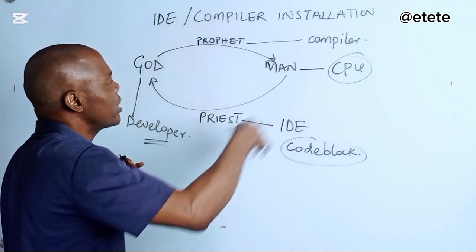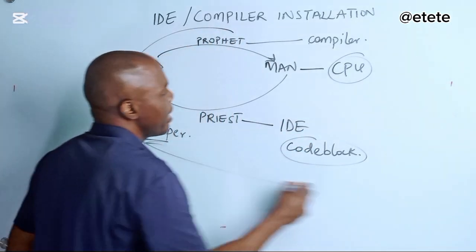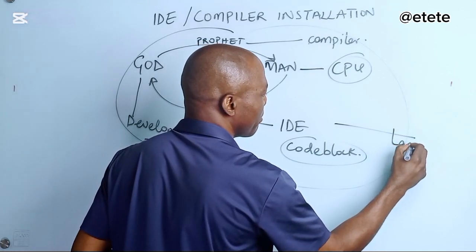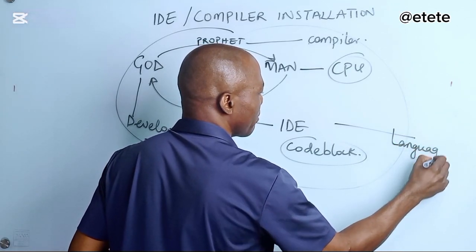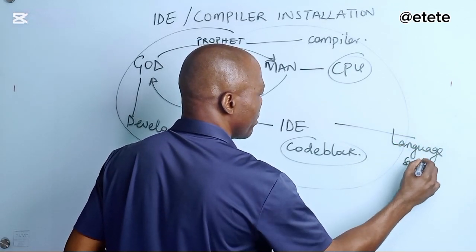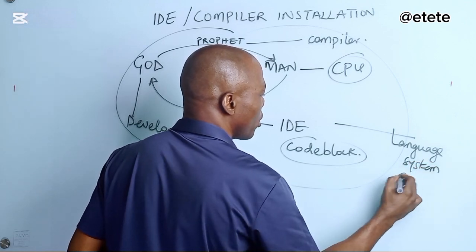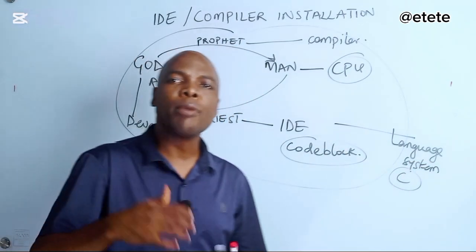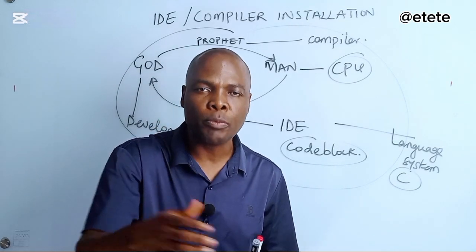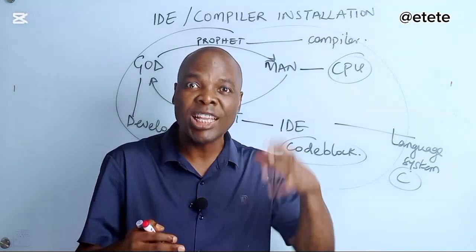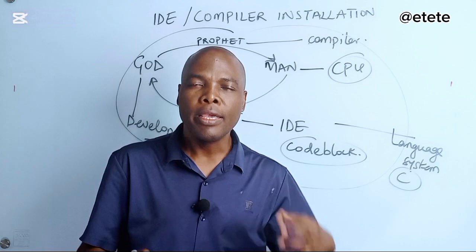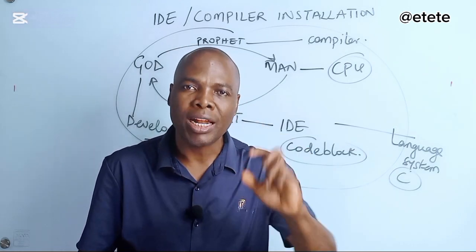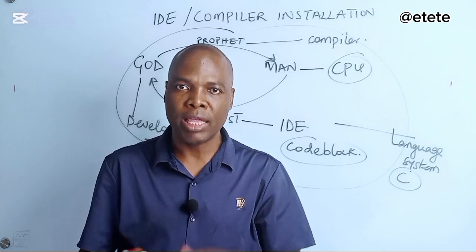So the entire concept, everything here, right, is operating within a language system called C. That is what we want to do. Now, the reason why you are able to understand what I'm saying to you is because we are plugged to the language, to the network of English language. If I change what I'm saying now to my dialect, it's only those people that are plugged to that who will be able to understand what I'm saying.